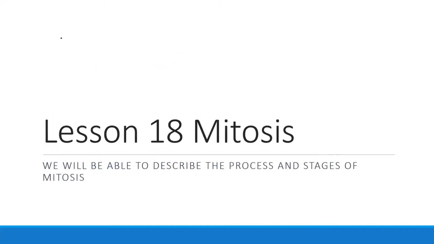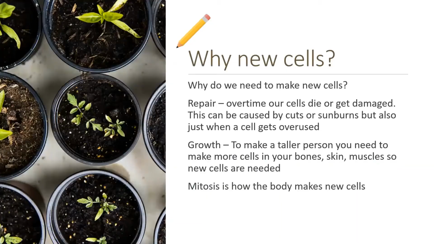Now, mitosis, what is it? Why do we need it? Mitosis is about making new cells. So why do we need to make new cells? There are 2 main reasons. The first is repair. Over time our cells die or they get damaged.